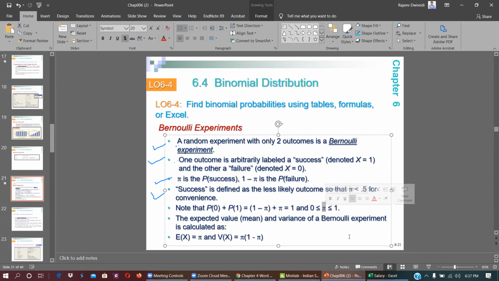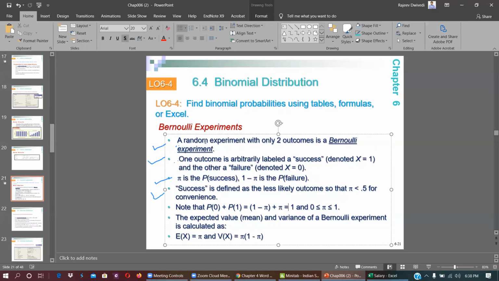It could also be 0, it could be 1. What is pi? Like I said, pi is 40%: I will attend the online lecture. Then 1 minus pi, 1 minus 40%, is 60%: I will not attend the class. So the total is 40% plus 60%, which is 1. This is called binomial distribution.